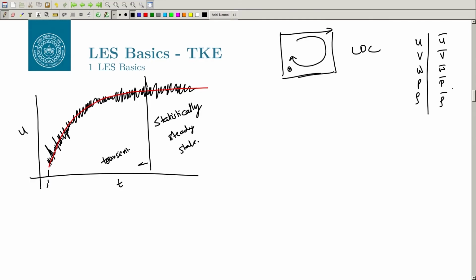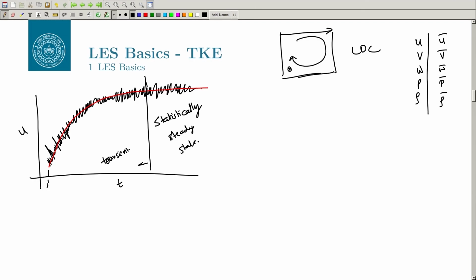So, you should wait till the initial transients have passed and the fluctuations are around a mean line, and you reach the statistically stationary state, and then there you do the averaging.